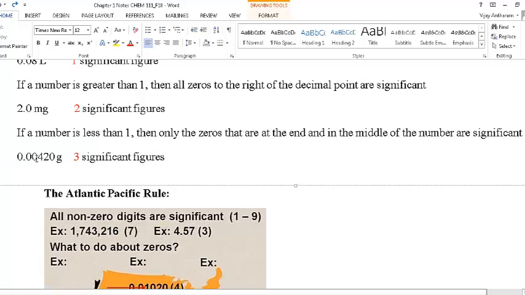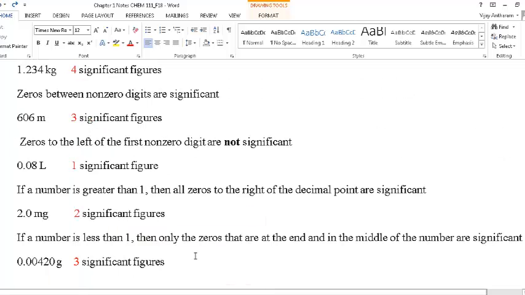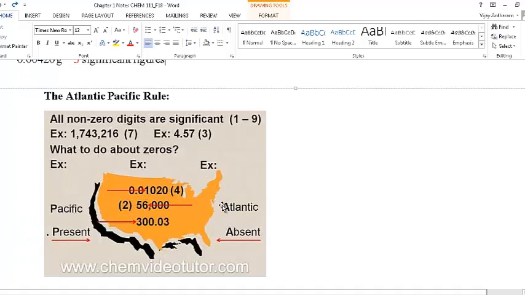So 0.0420, right? This is definitely significant. This is significant. And this to the right is also significant. This has 3 sig figs. So if it's to the right of the decimal point, and if it's to the right of a real digit, then it's significant. If you draw a map of the United States of America, here's the Pacific Ocean, and here's the Atlantic Ocean. So P, Pacific, means decimal present.